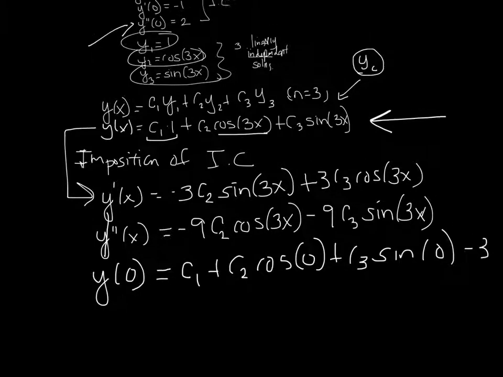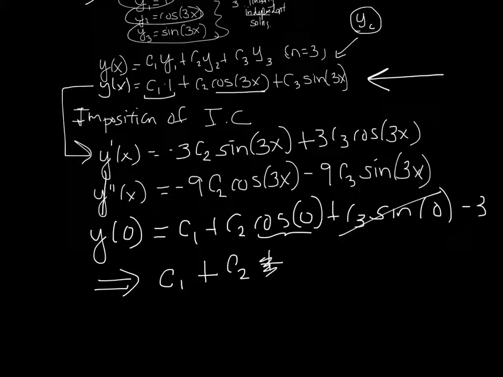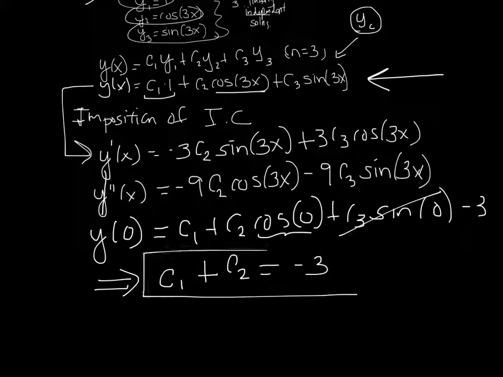Y of 0 is 3. So what does this imply? Well, this is c1 plus c2, since at the angle 0 the cosine is 1, plus c3 sine of 0, which is 0, so technically we don't have to write plus 0. Equals 3. So we've generated a nice equation in two variables.